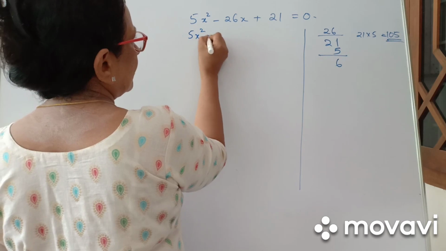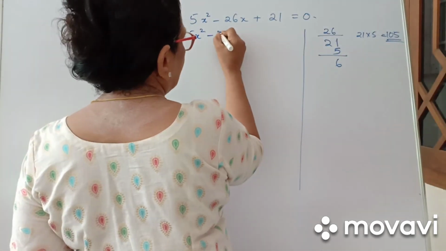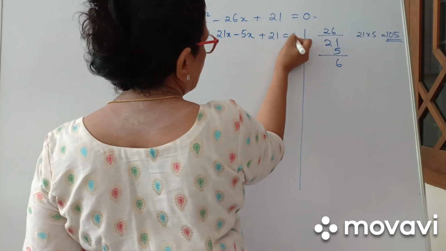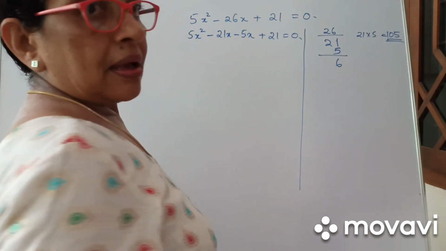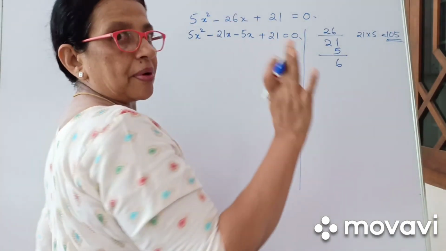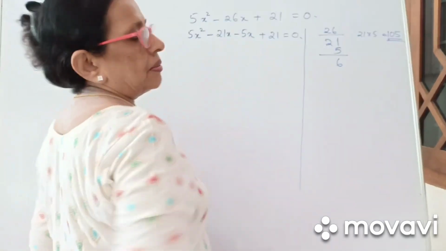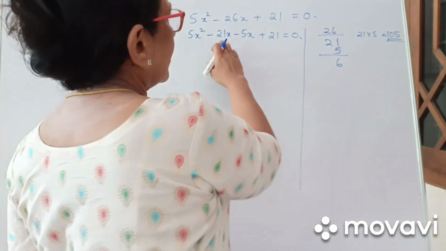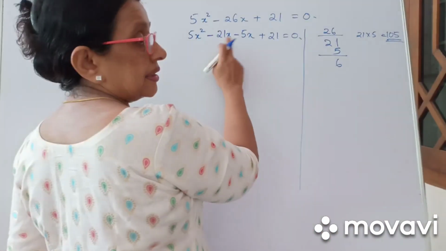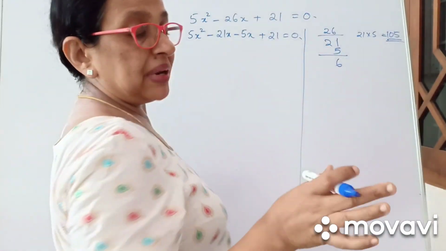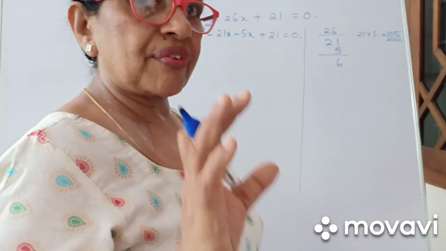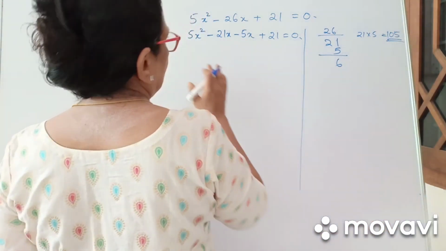So, 5x squared minus 21x minus 5x plus 21 equal to 0. See the sign, minus. You can write 5x this side, that's it, no problem. The order in which you write the terms is not a problem here, after you get the factors for splitting the middle term.